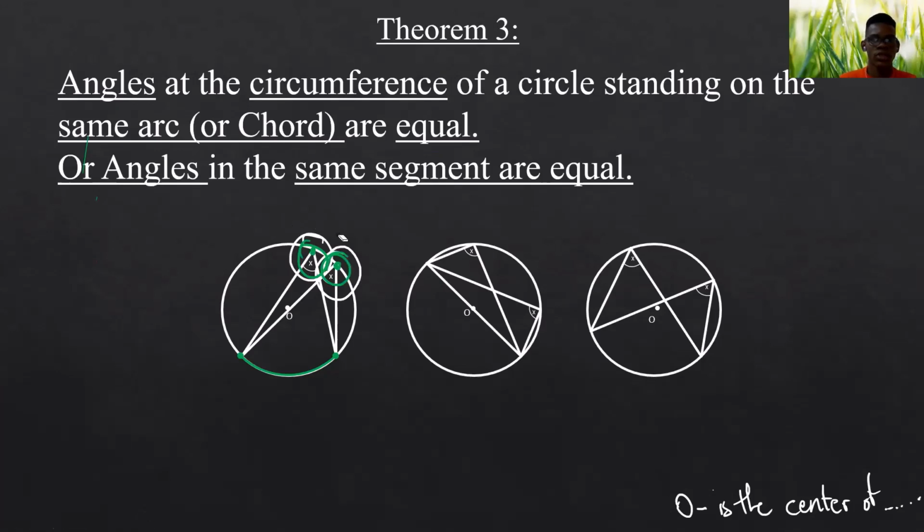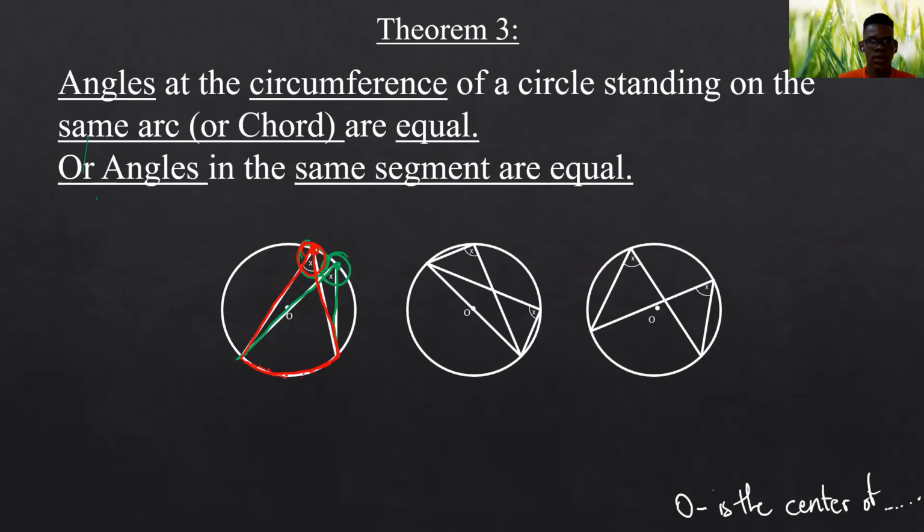So they're located at the circumference, and following the angle lines, the angle that both of these angles, green and red, are standing on is this arc, right?